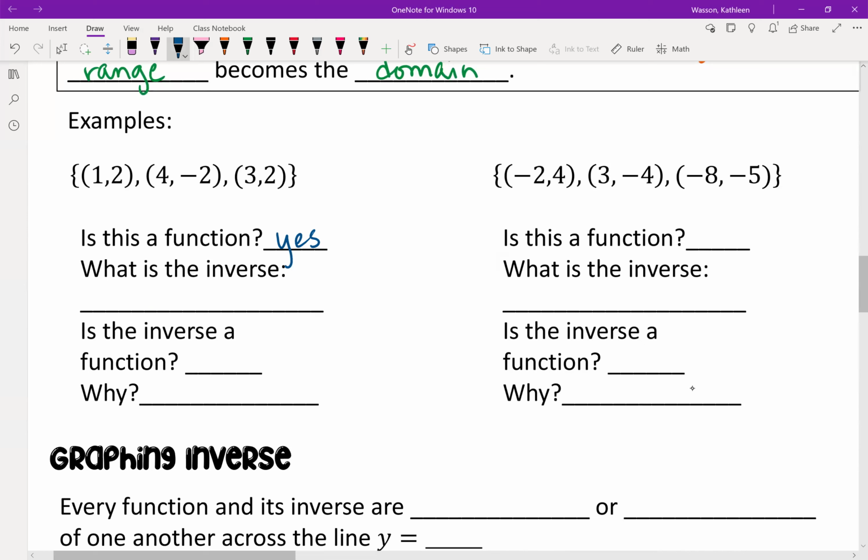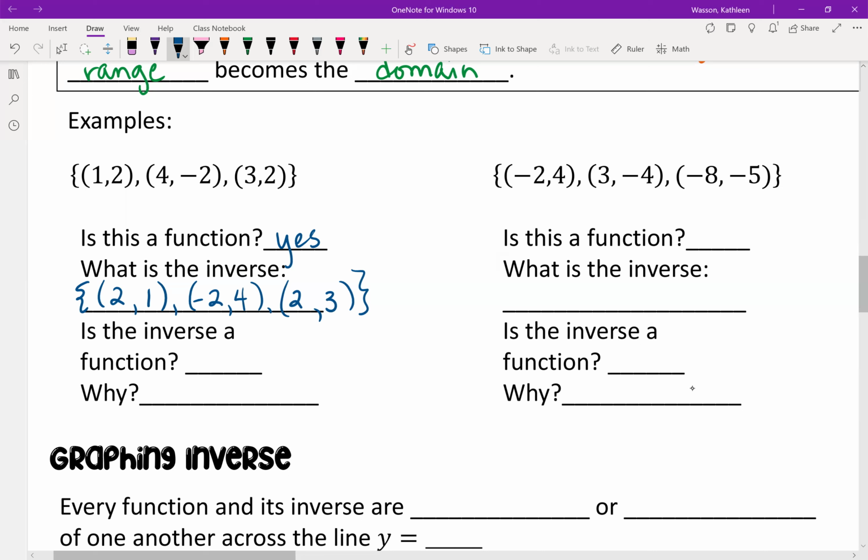To write the inverse set of points, I just change the places for each x and y. So the first point inverted would be 2, 1. I'll change the second point to -2, 4. And I'll change the third point to 2, 3.